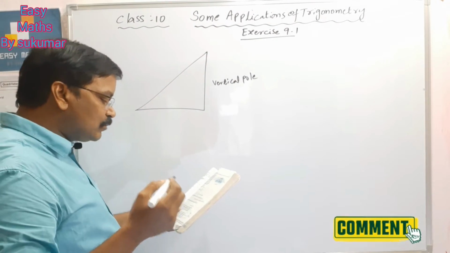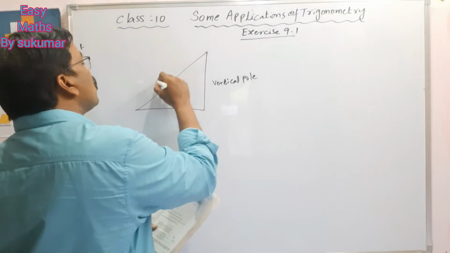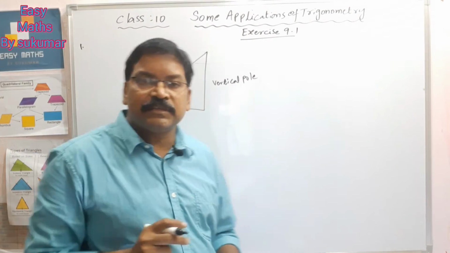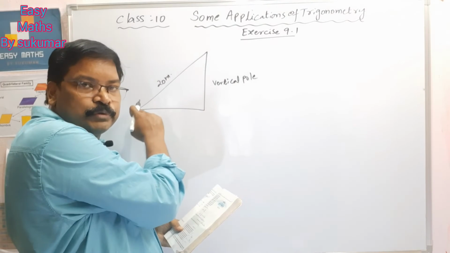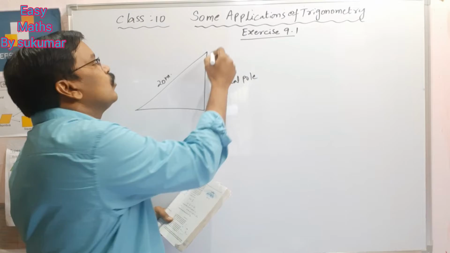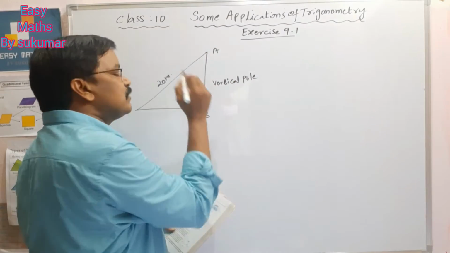What is the length of this rope? 20 meters. Here this AB is the vertical pole.